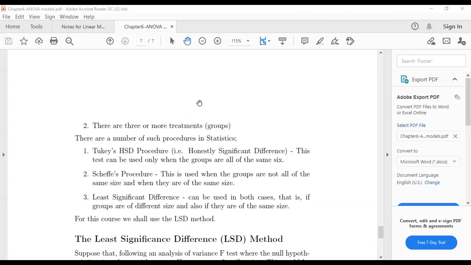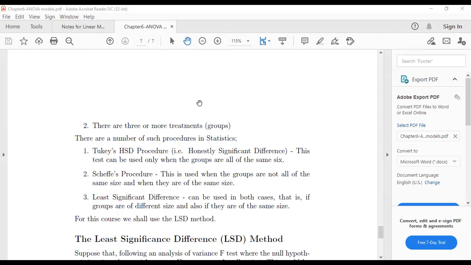So we have got 3 approaches, right? We've got the Tukey HSD procedure, we've got the Scheffé procedure, and we've got the least significant difference. The Tukey procedure, you apply it when all the groups are of the same size, which means you apply it for balanced models.